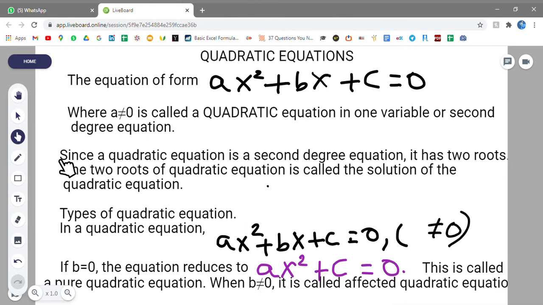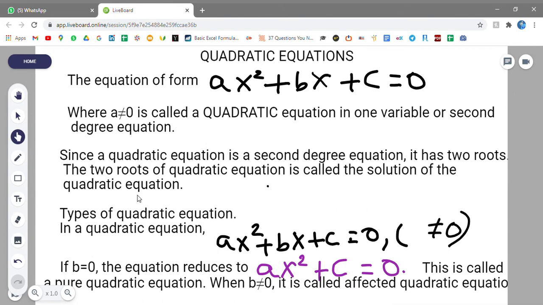Fine. Next, since a quadratic equation is a second degree equation, it has two roots. Why two roots? Because it is a second degree equation. The highest power is 2, so that is why it will have two roots. The two roots of a quadratic equation are called the solutions of a quadratic equation.